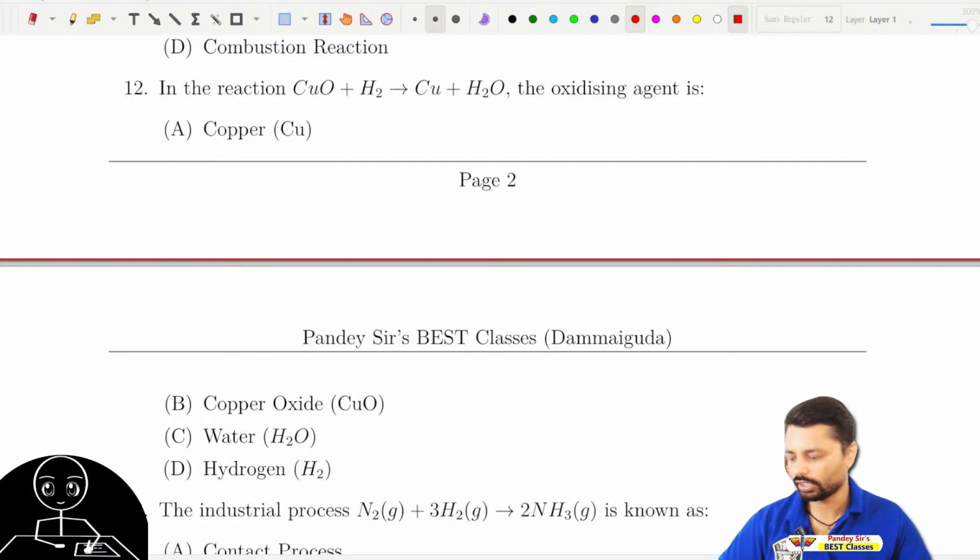If you can tell correctly, then you will get 10 chocolates at home from your mama, obviously, not me. I will give it in my tuition.